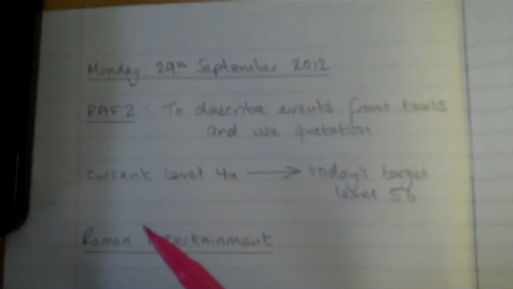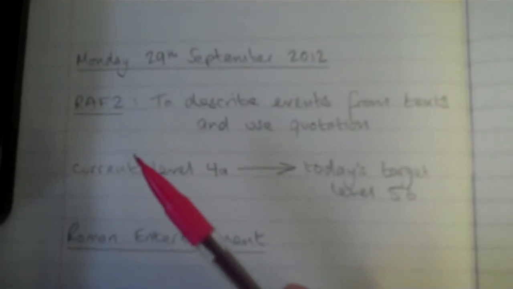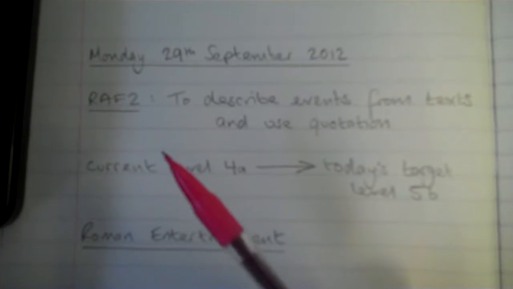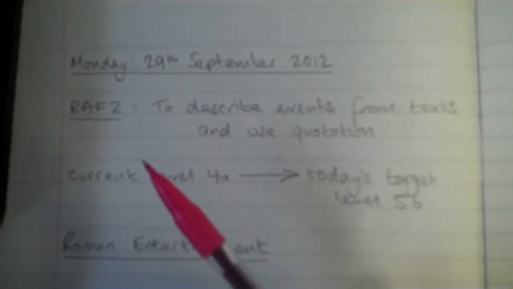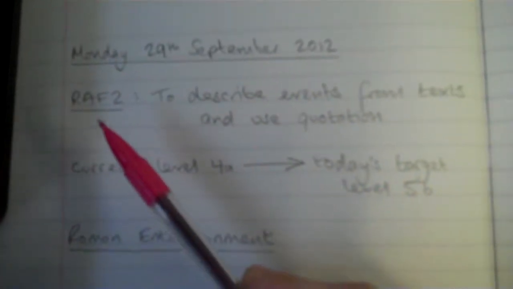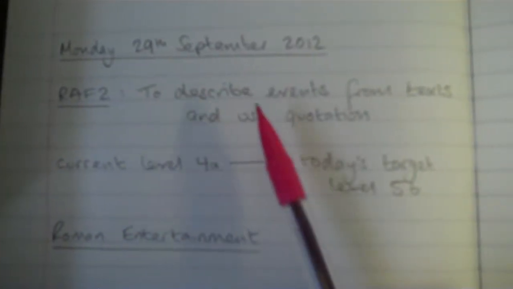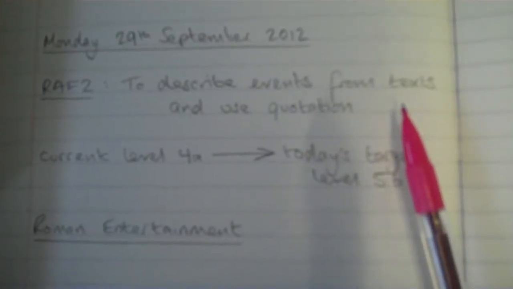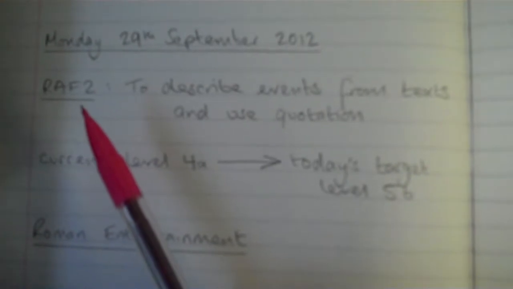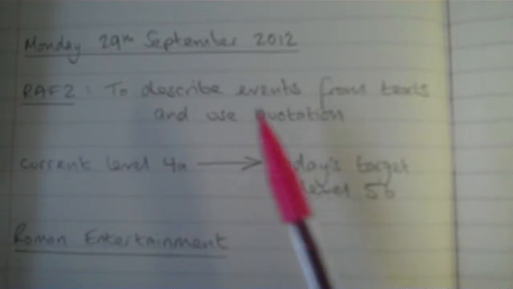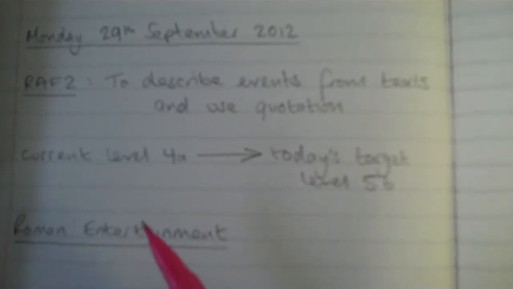For the purposes of this presentation, and for any course that has an APP grid or that has a well-written specification, so this applies for GCSE specifications as well, directly take something from the assessment focuses and form your WALT or your learning objective from that. So for the purposes of this demonstration, it's Reading Assessment Focus 2, and I've just taken one strand from that, and it is to describe events from text and use quotation.